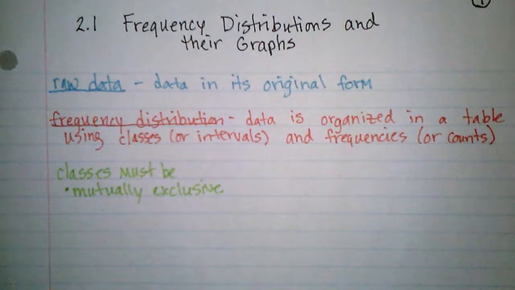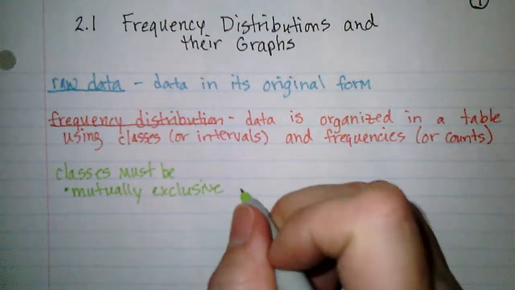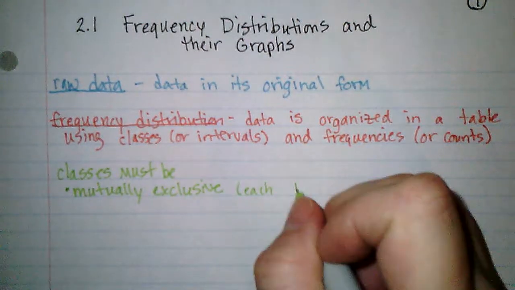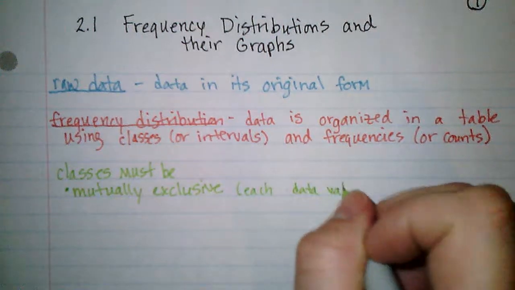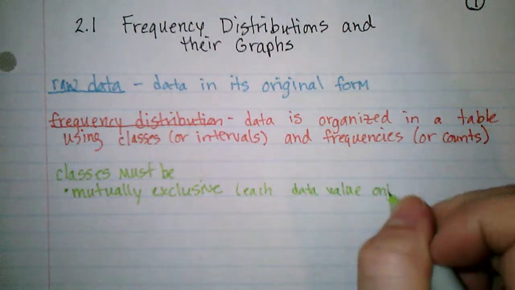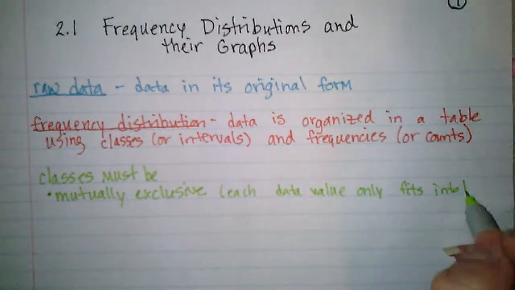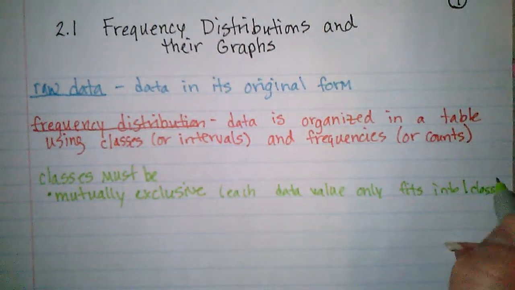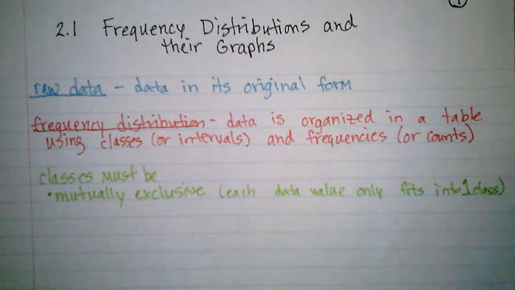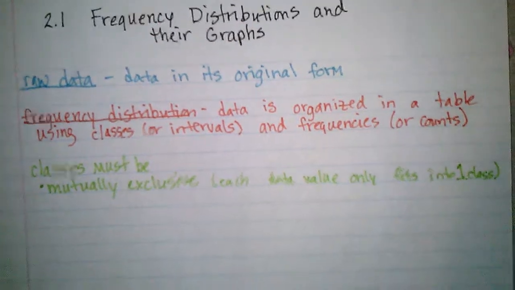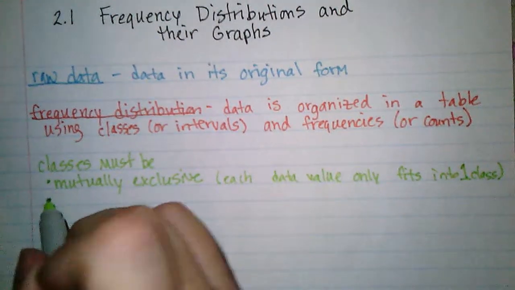It couldn't fit into two different categories. So each data value only fits into one class. So there can't be any overlap between your classes.